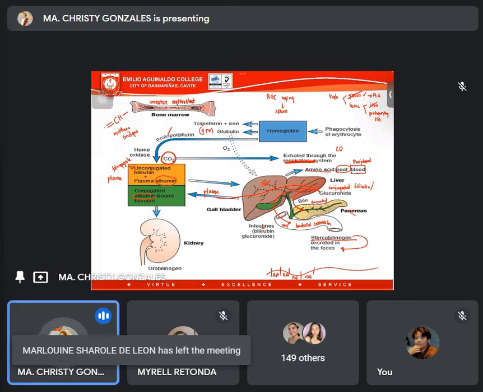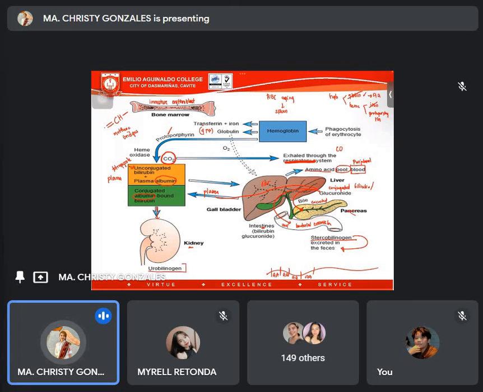That conjugated bilirubin will again be transported by the available albumin to the kidney. Once it's in the kidney, it will be converted to urobilinogen. Some urobilinogen will be reabsorbed back to the circulation. Some of it will be excreted in the urine as urobilinogen.